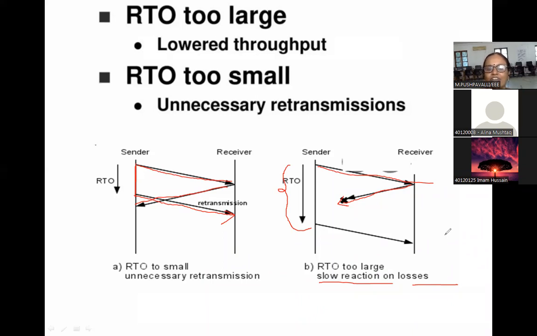If it is too large, throughput is lowered, meaning I am not getting my acknowledgement in time. I could have fixed it at a shorter time period, but I gave a long one. So here the RTO is too large, and here the RTO is too small.